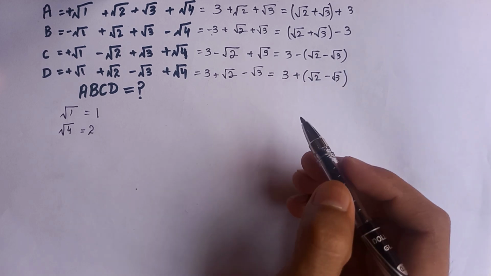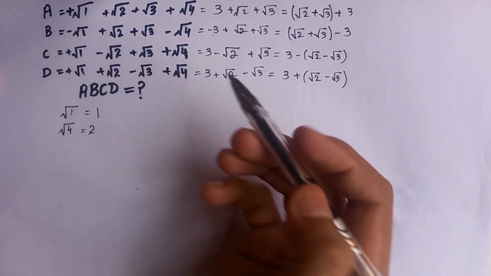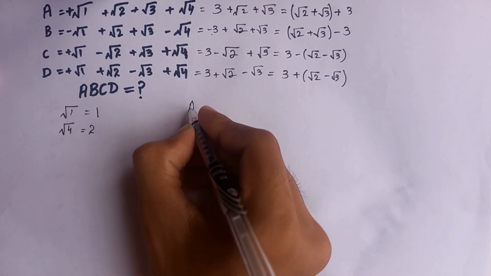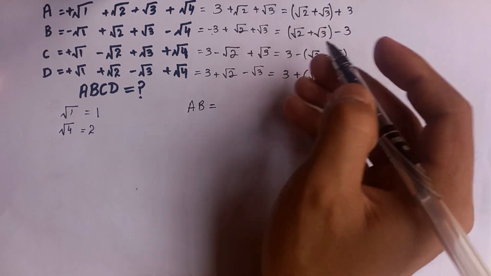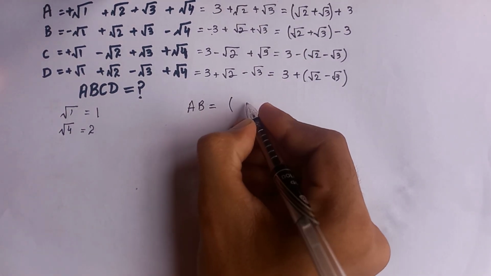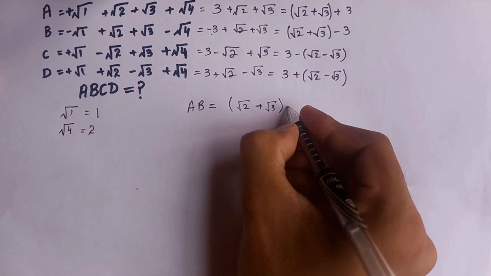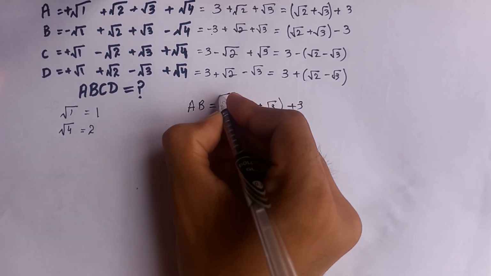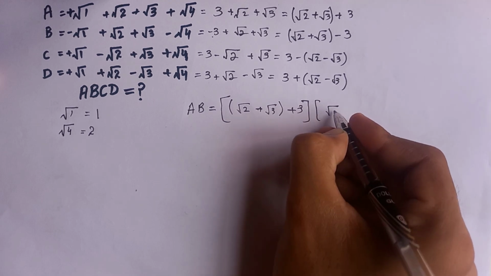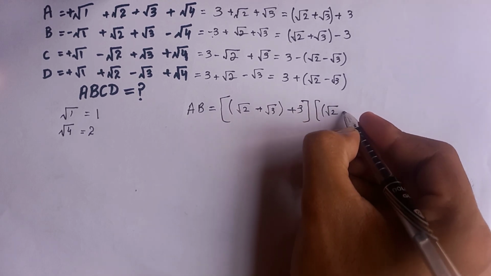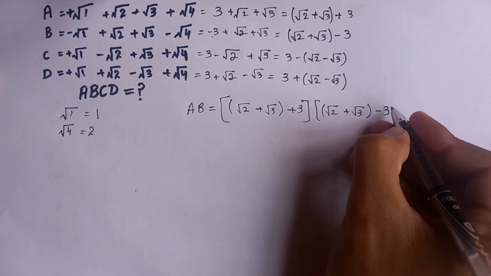Now first we will multiply the values of a and b. So ab will be equal to: the value of a is square root 2 plus square root 3 plus 3, and the value of b is square root 2 plus square root 3 minus 3.